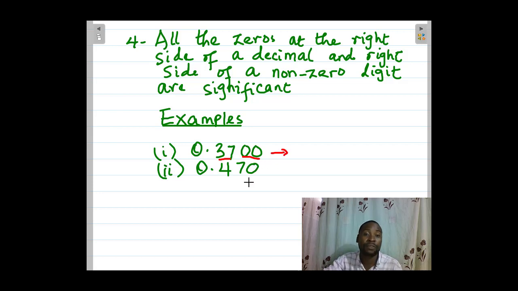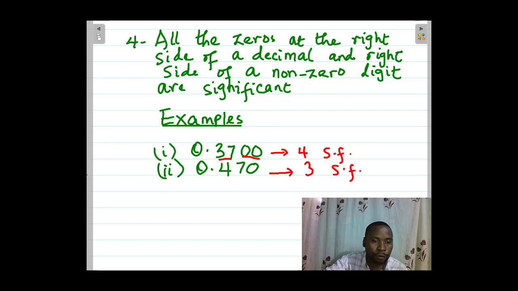So we have 1, 2, 3, 4 significant figures here. The same thing applies here. Here, there are 3 significant figures. That is rule number 4. Very, very simple.